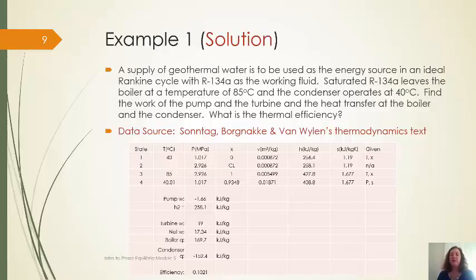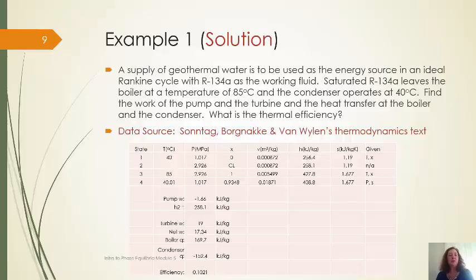Now, what about the other stuff? Well, I know that the boiler is going to operate at constant pressure. So the pressure 2 and pressure 3 will be constant, and the pressure 1 and 4 will be constant because the condenser also operates at a constant pressure. Now, I don't know what the other states are from the given information.